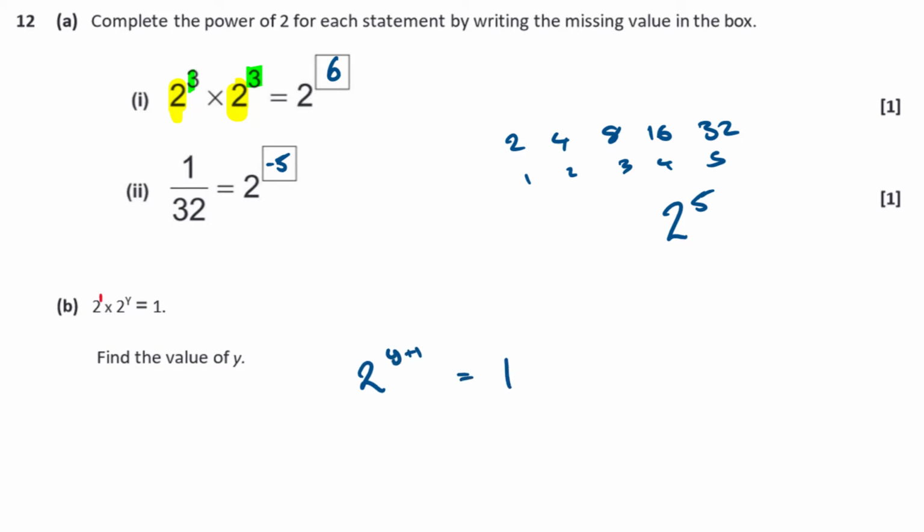Now any number to the power of 0 is 1, so 2 to the 0 is 1. So y plus 1 must be 0, and then y is going to be minus 1. Okay, yeah, that's what it is. So y must be negative 1.